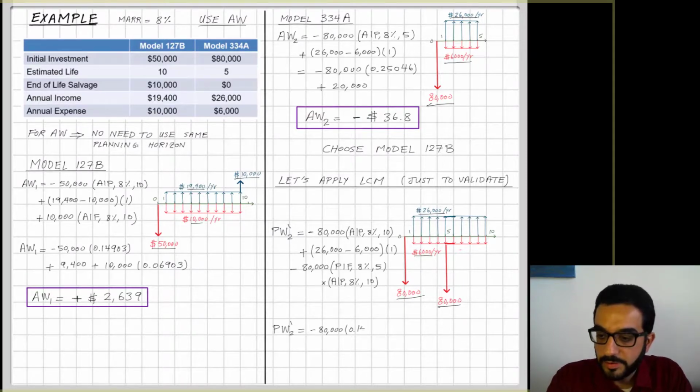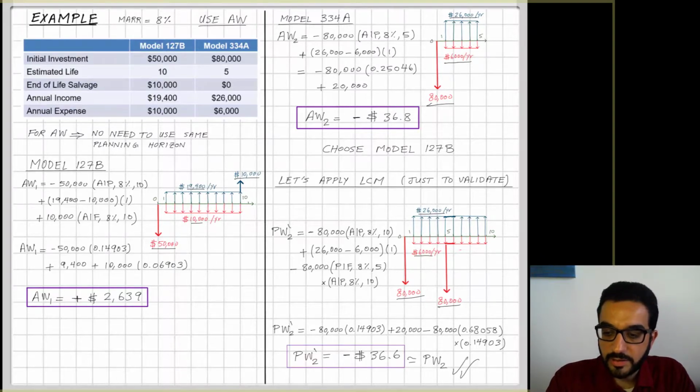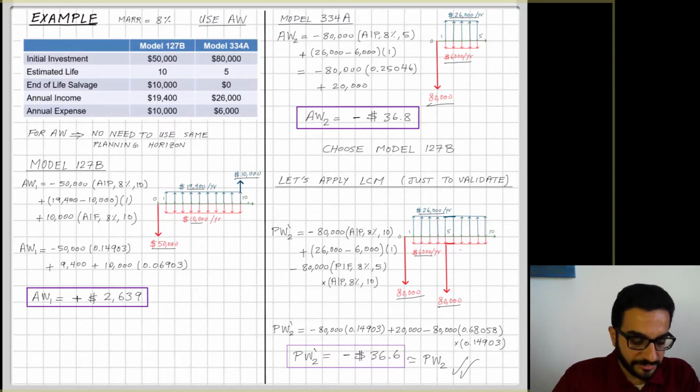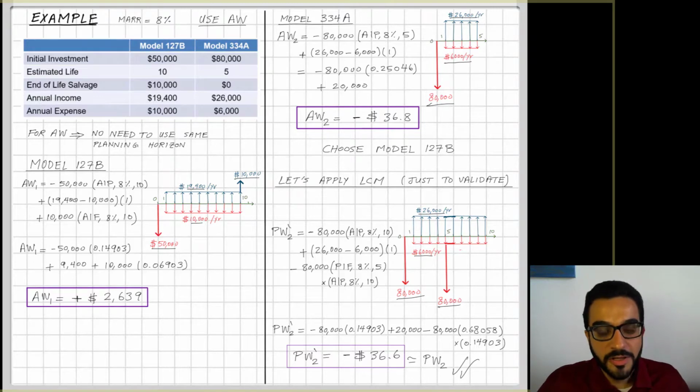So if I bring the values of the factors and calculate present worth in the other alternative way of calculating it, present worth prime 2, that will be very close to what I calculated before because of the rounding error from using different factors or different formulas. So this is just a proof that you have to listen to me. This is what I tell my kids.